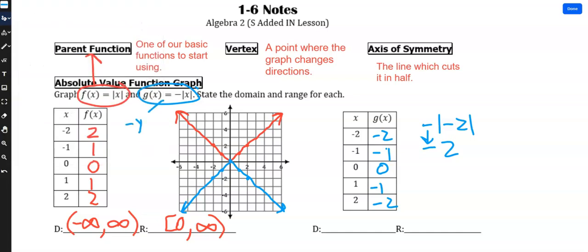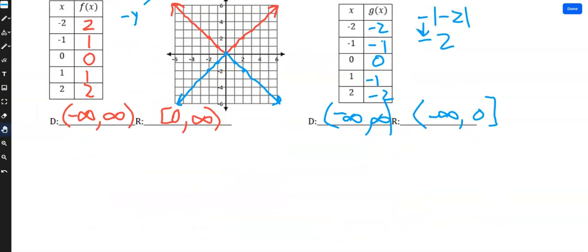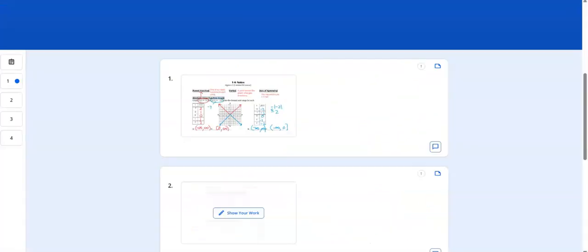For the blue one, still -infinity to infinity, but the range is different. From negative infinity all the way up to 0, including 0. Next.